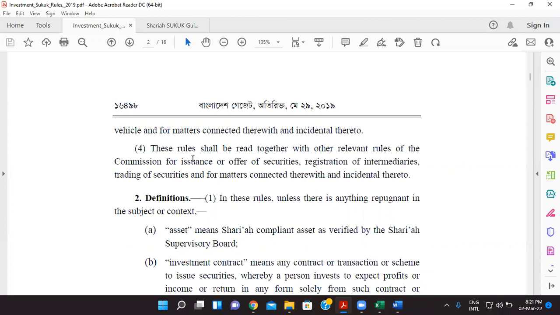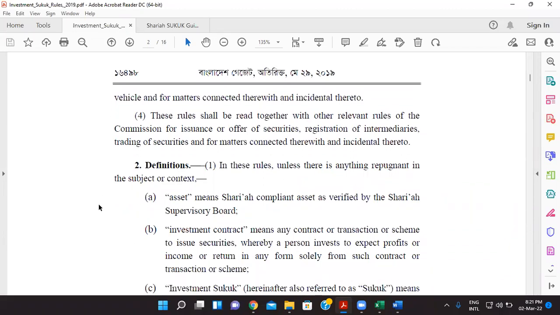So when you issue sukuk to the public, along with this document, you have to look at the Public Issue Rules 2006. I do not know whether this 2006 has been updated later, but you'll see that a number of guidance have been provided there for the public issue, that how you can issue the securities to the public, what will be the specification, what you can do, what you cannot do. So these things have to be complied with the understanding of this document.